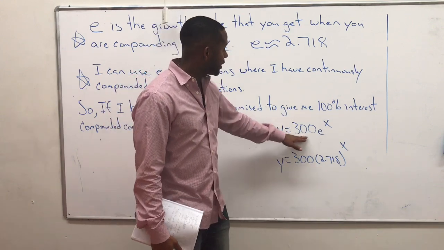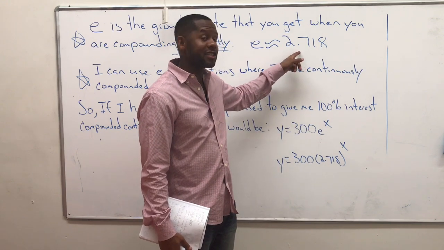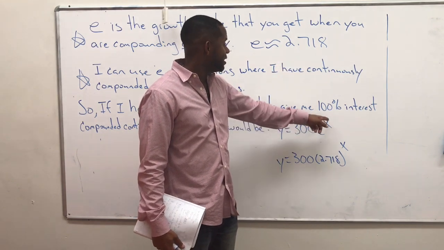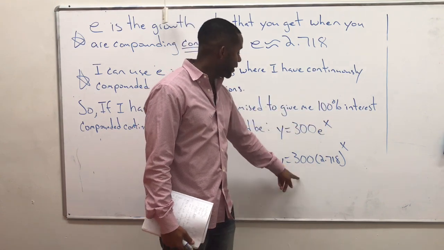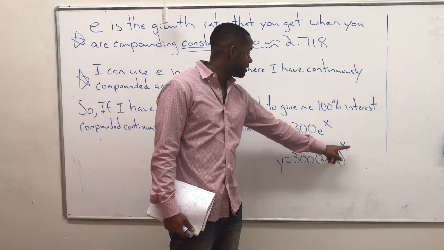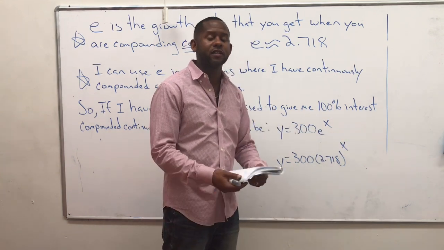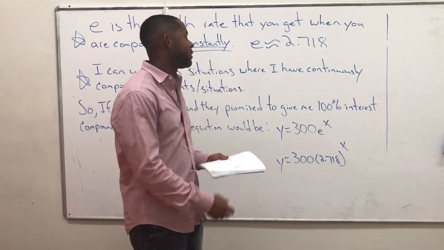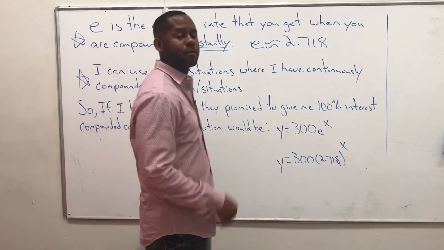I can just take my $300 times E, because I know that's what the growth rate is, because it's compounded continuously, to the X. So in this case, after 1 year, X would be 1, right? So 300 times 2.718 to the first power if it's 1 year, or to the second power if it's 2 years, or whatever from there. So E is like this shortcut. Like, I know that's what it's going to be. I can put it in.